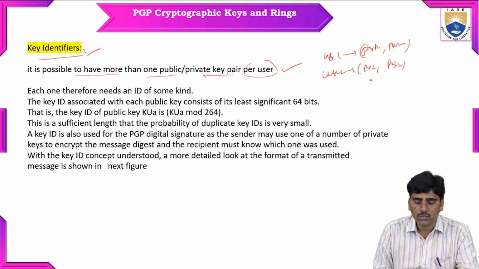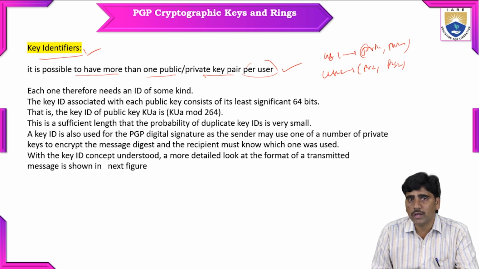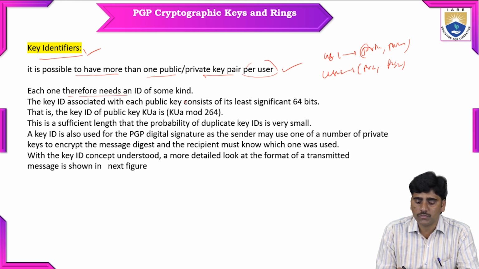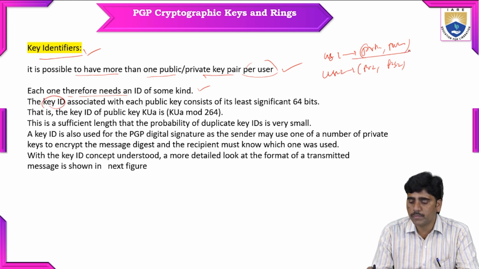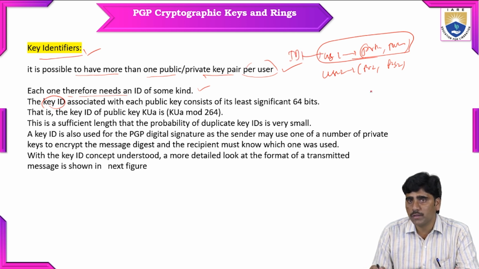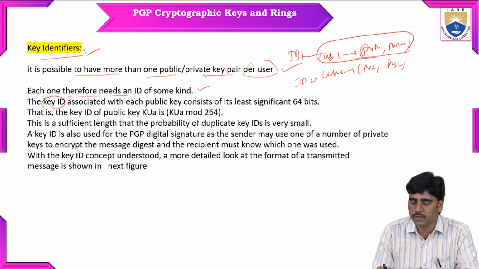Here it is possible to have more than one public or private key pair per user, and each one therefore needs an ID of some kind, the key ID. So for each pair of public and private keys, a key ID is generated; for the second pair, key ID 2.